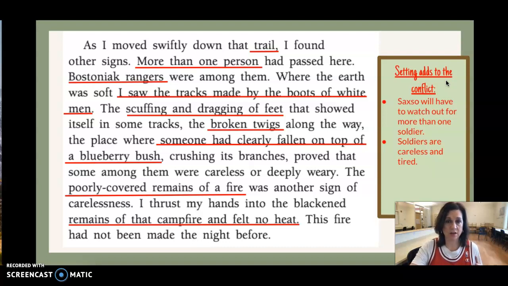I underlined here: no heat. What that is telling Saxo, from his knowledge of the outdoors and his surroundings, is that these soldiers are at least one day ahead of him. They've been to this spot. There's no heat within the coals, and they're a good day ahead of him.